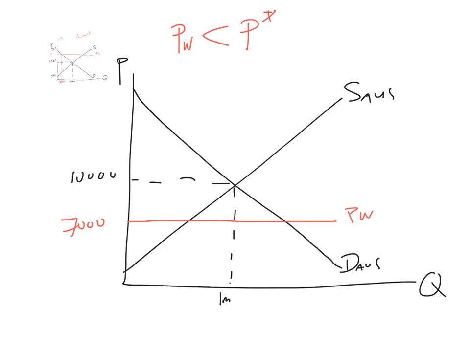PW. So at this cheaper price, the Australian consumer at $7,000, because the price has now fallen, price goes down, quantity demanded goes up. Instead of consuming 1 million cars, they might now end up wanting to consume 2 million cars, quantity demanded.